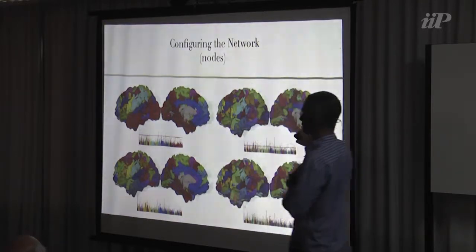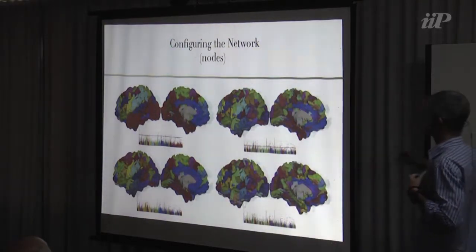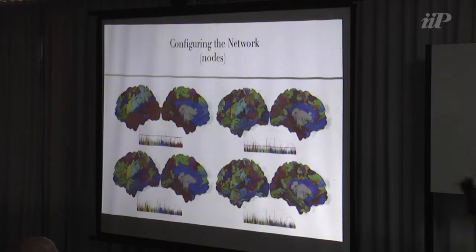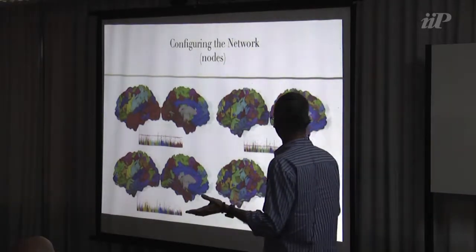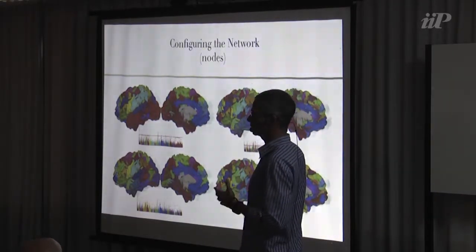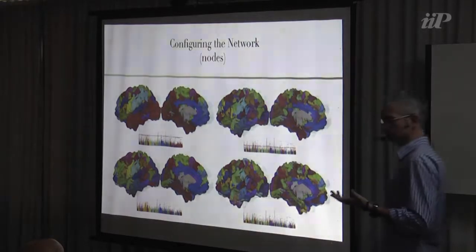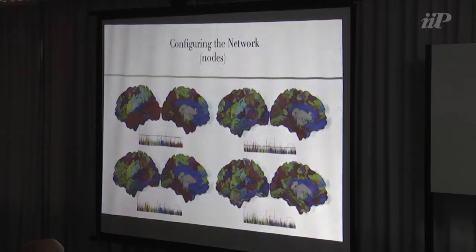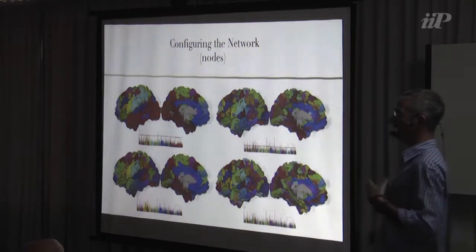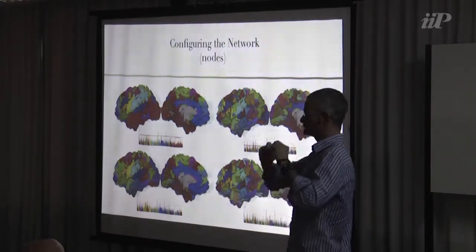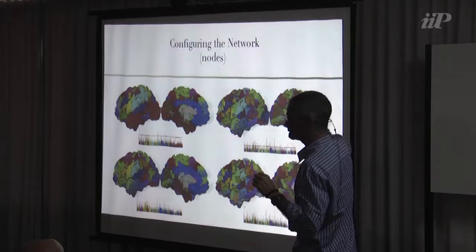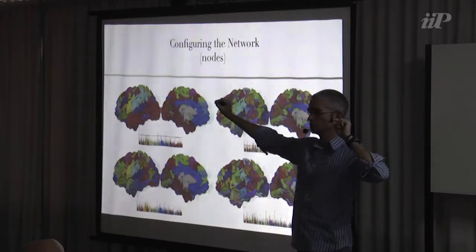This example here is for the 106. It splits the brain into 106 areas, 53 in each hemisphere. Each of these areas, I'm going to call a node. And then for each node, I'm going to average the time series of each pixel of this node, and then I have one time series per node.